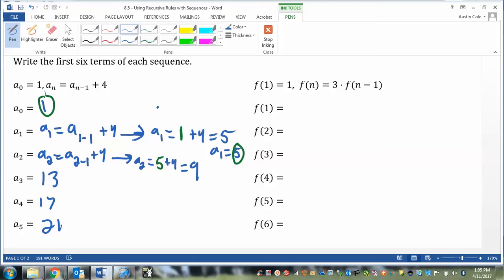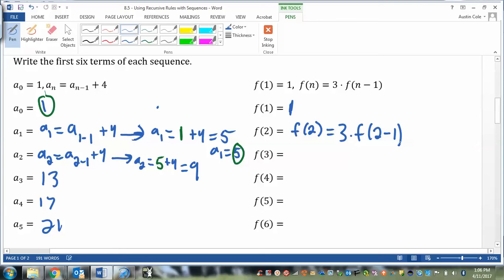Okay. So we did the arithmetic one. Let's look at the geometric one. Okay. F of 1 equals 1. F of 2, I'm going to plug that in. I have F of 2 equals 3 times F of 2 minus 1.